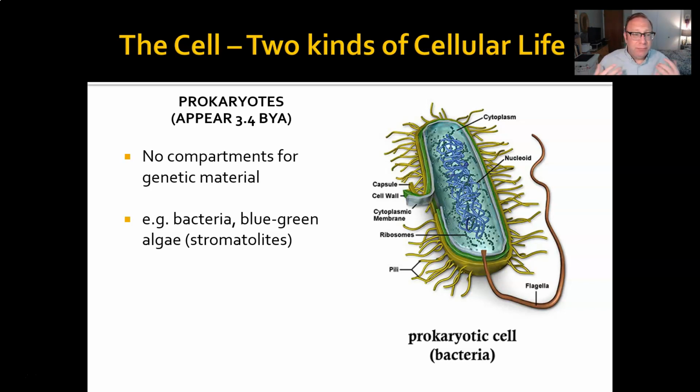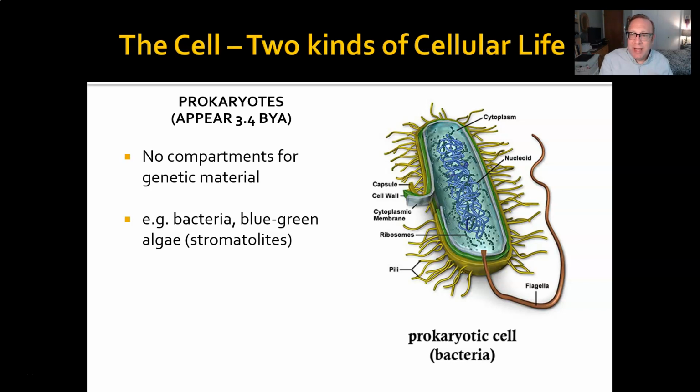Probably they were a lot like blue-green algae, which is not truly algae. It's not a plant, it's a bacteria, but they were very simple. They were basically a lipid membrane surrounding the DNA material.